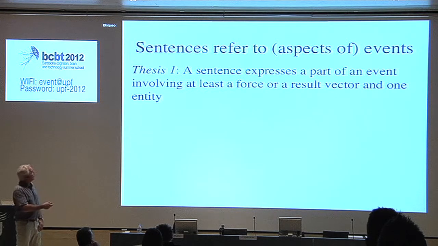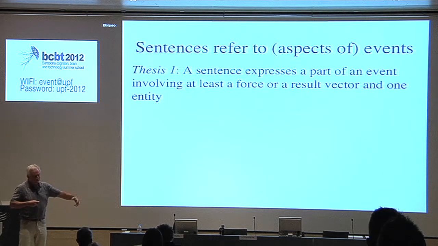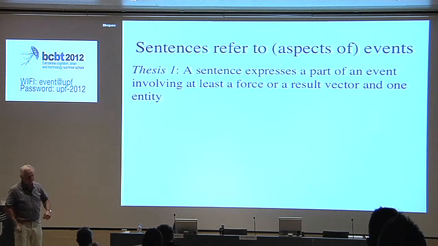And a sentence doesn't express a full event. It picks out normally, well, not normally, but it can be sufficient to use at least one vector and one entity, the patient. So a basic sentence has either a force vector and a patient, as when the glass was hit.